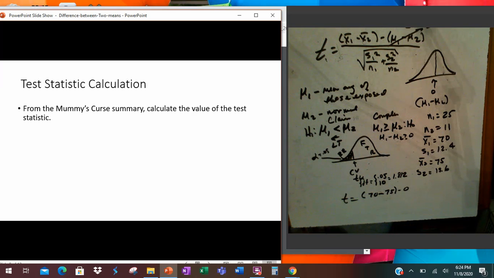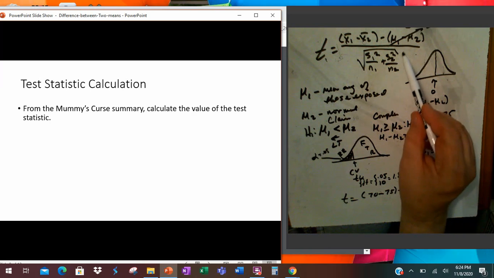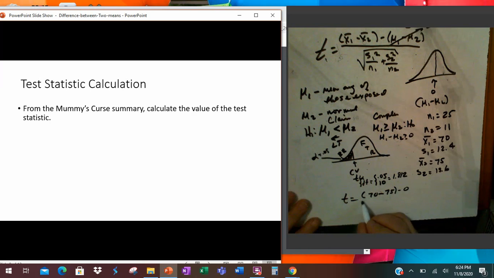So I'm going to put a 0 there. And that's the way it usually works out, that, like I said up here, this thing is usually 0. So then divided by my S1 squared, 12.4 squared, over N1, which is 25, plus my S2 squared, 13.6 squared over my N2, which is 11.